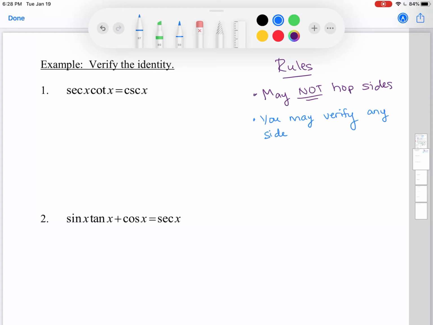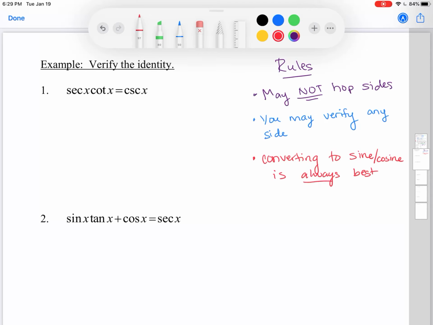It doesn't always have to be the left. More often than not, I choose the left, but that's just me. And again, I'll explain why. And then I have a third rule here that says converting to sine and cosine is always best.